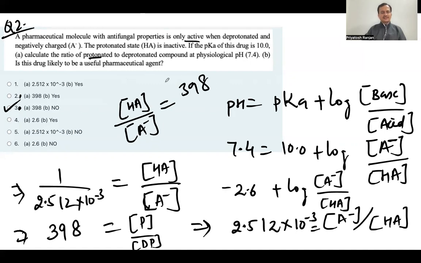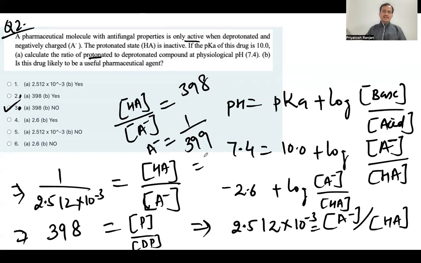Just have a look at this ratio. If I have to calculate the A minus, it's going to be 1 by 399, which is very less, close to 2.50 into 10 raised to the power minus 3.